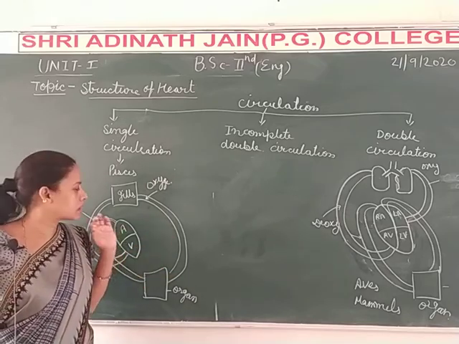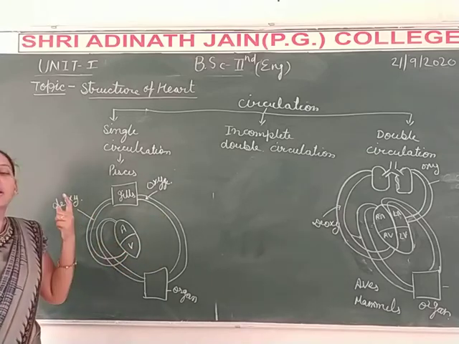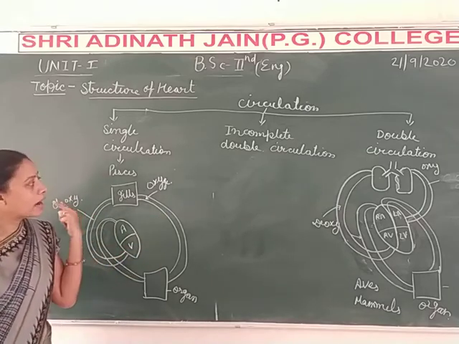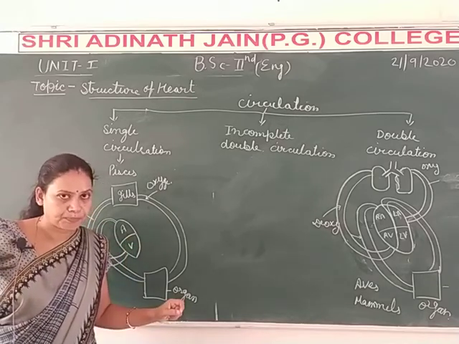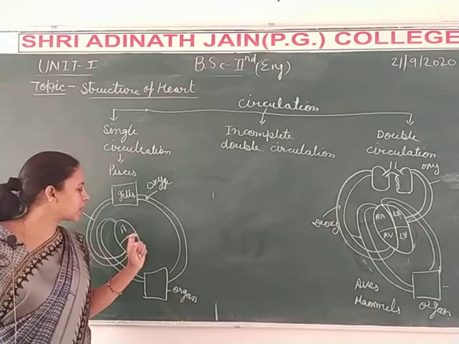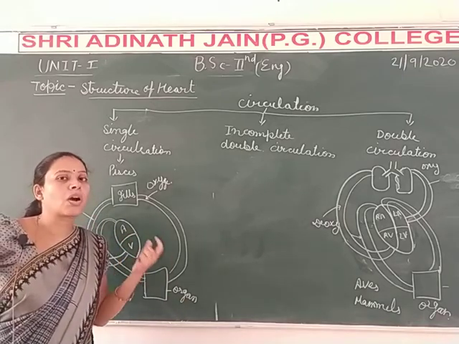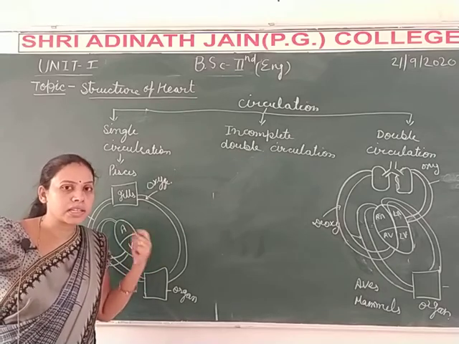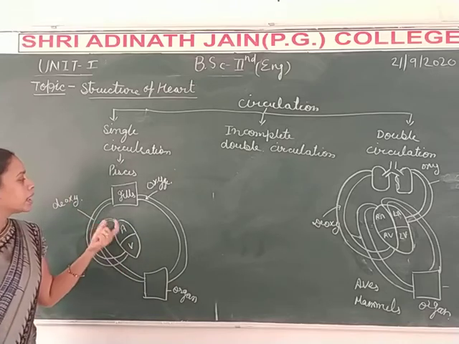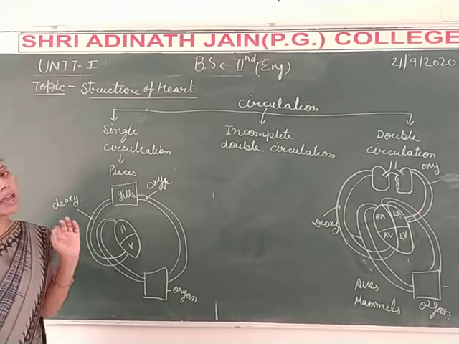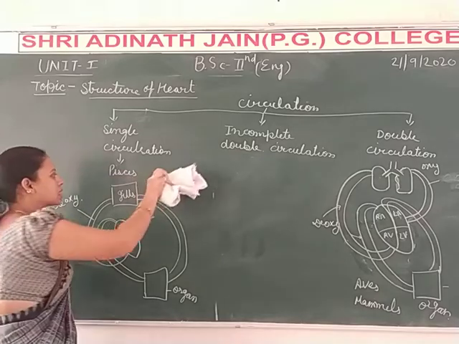So in this case, the blood enters the heart only one time, and this blood is deoxygenated. The heart is pumping only the deoxygenated blood. It's not pumping the oxygenated blood in these animals. That's why this type of heart is known as venous heart.